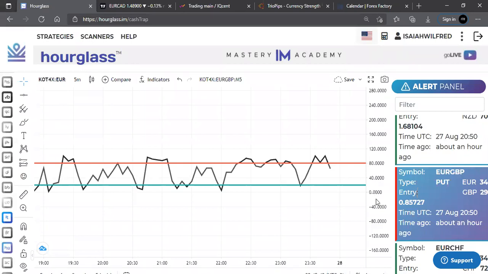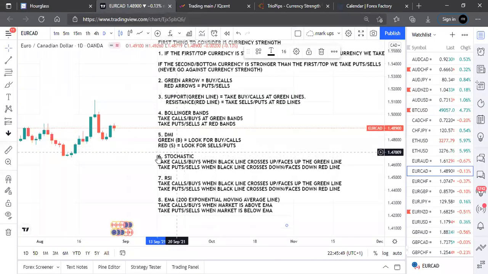Let's see the write-up. Okay, let's take note. So now this is it. We are on number 6, right? So take calls or buys when the black line crosses up or faces up the green line.